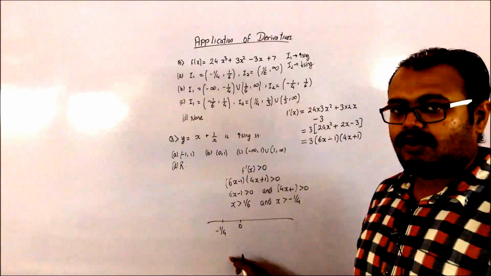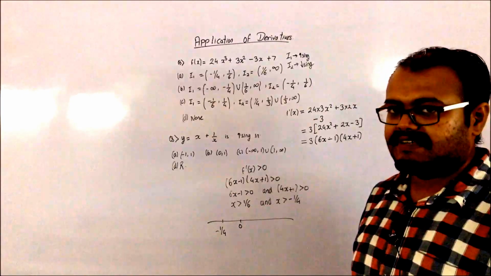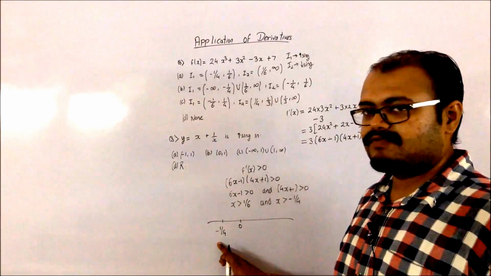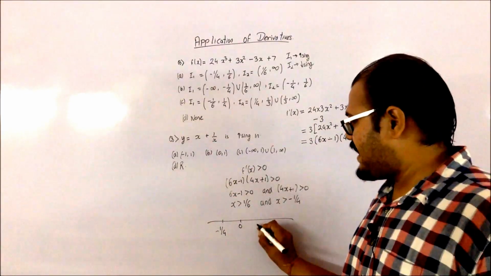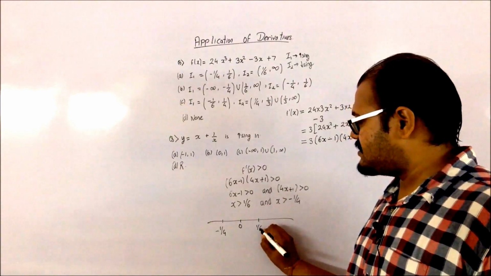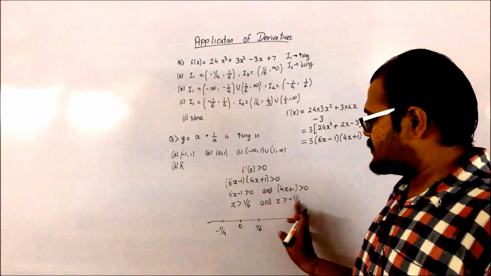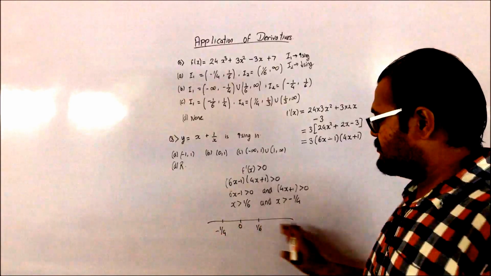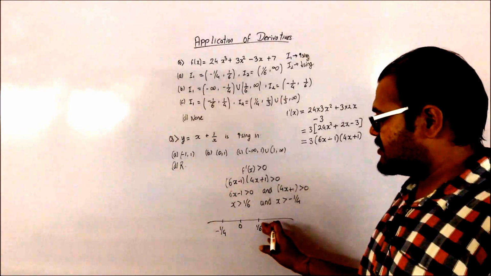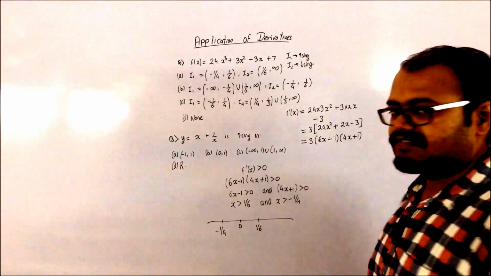If you draw this on the number line, you will have minus 1 by 4 on this side of 0 and 1 by 6 on this side. For this condition it is everything after this, and for this condition it is everything after this.